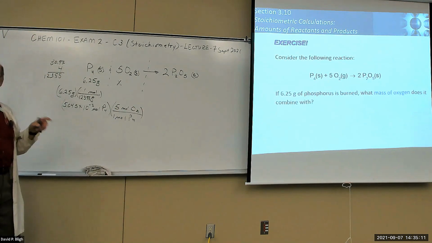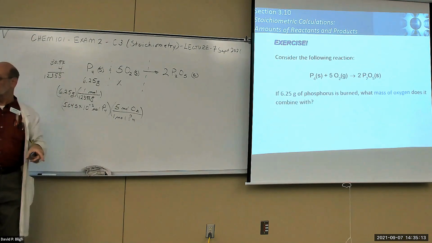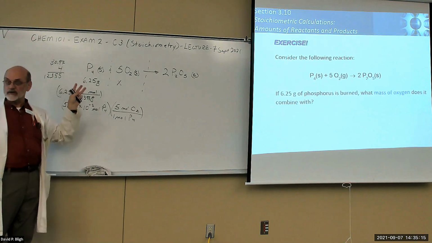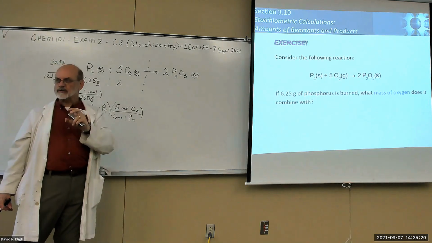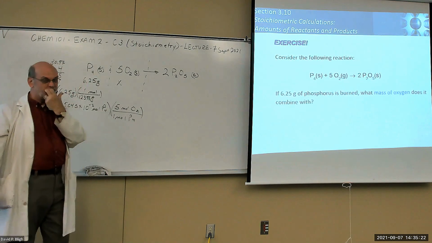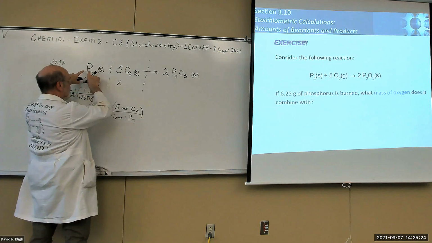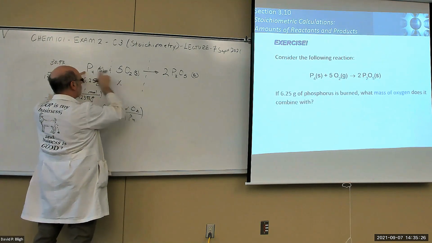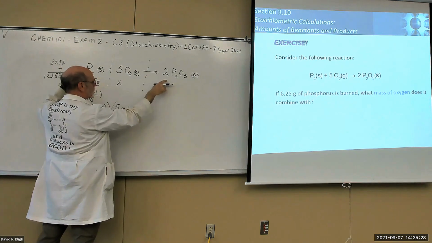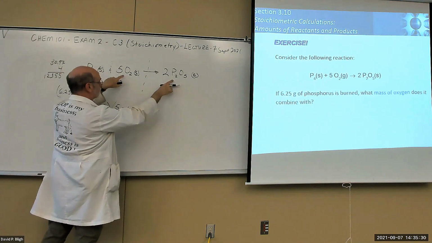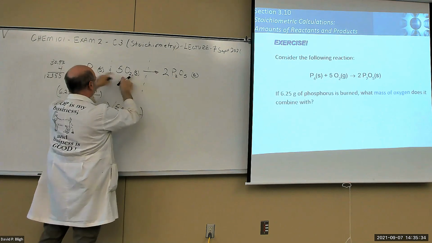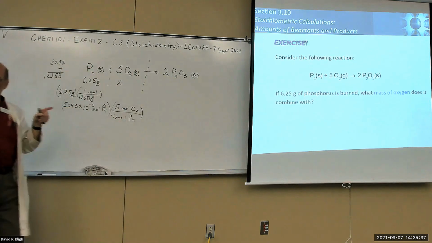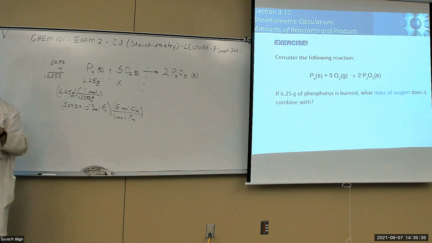So now we can find out how many moles of oxygen is required simply by the balanced equation. These coefficients give you conversion factors. In this case, you can have a conversion factor from here to here, or from here to here, or you can go from here to here, or here to here. You got a bunch of different conversion factors, all from the coefficients.